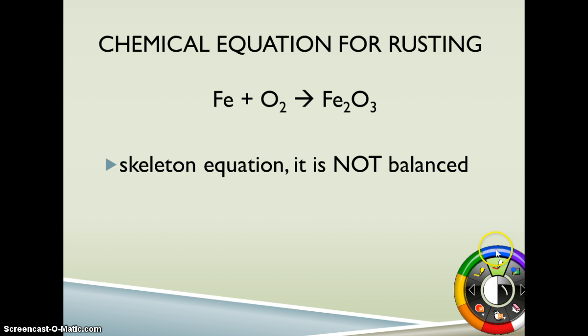If this arrow is an equal sign, we need to have the same number of atoms of each element on each side of this equal sign. Here we have one iron, and on this side we have 2. And here we have 2 oxygen, and on this side we have 3. So this equation is not balanced. It is simply a skeleton equation.